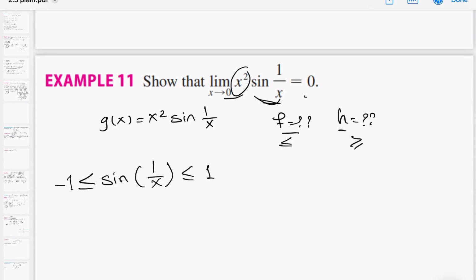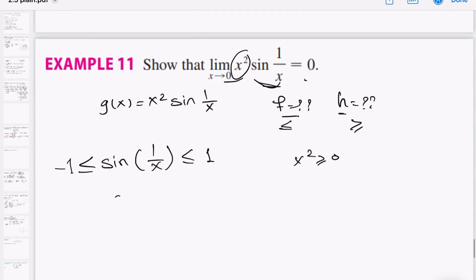And we know that x squared is a positive number for all x's. And so multiplying each side of the inequalities by x squared, we get minus 1 times x squared, sine 1 over x multiplied by x squared, and 1 times x squared.